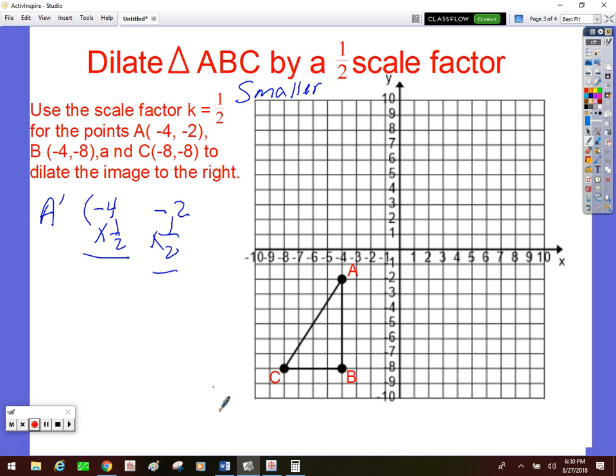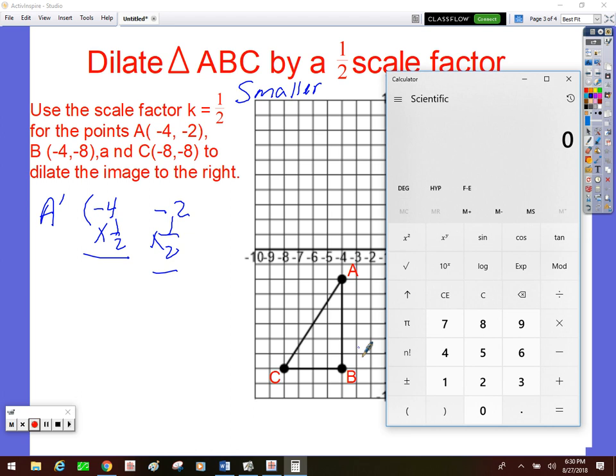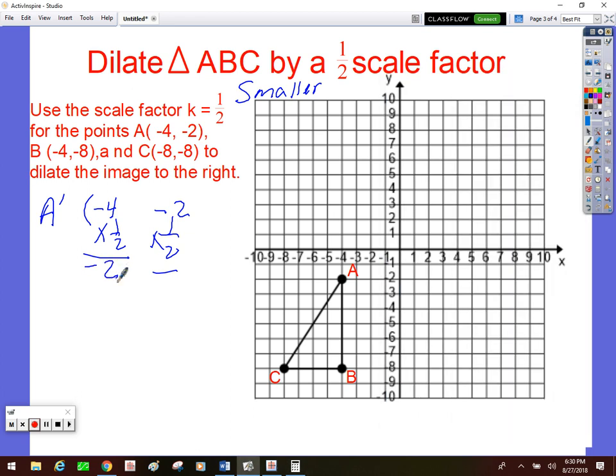All right, this is where we get to use our calculator. Remember, mine doesn't work like the one we have in class, so I kind of have to work on this a little bit. So I want to go negative 4 times, and to put my fraction in, I have to do it this way: 1 divided by 2. Close it up, and there's my answer right there. So I got negative 2.